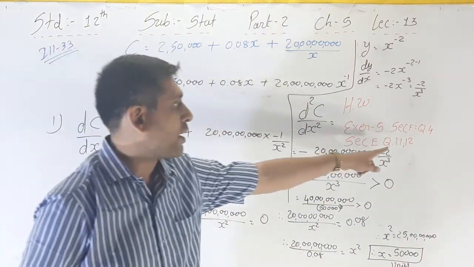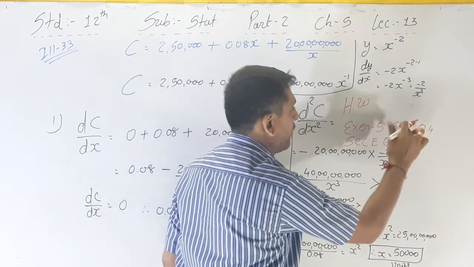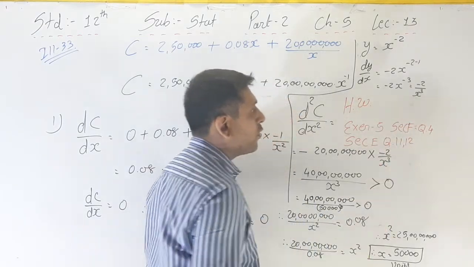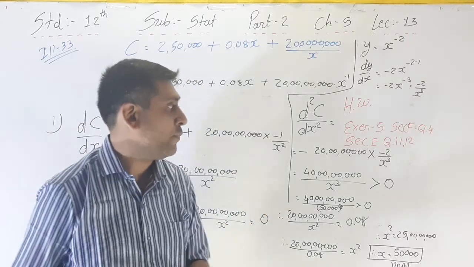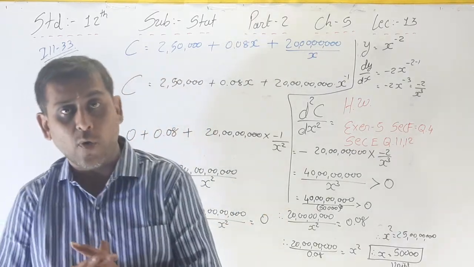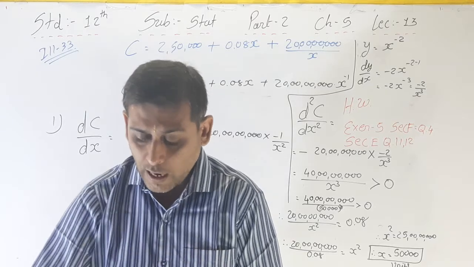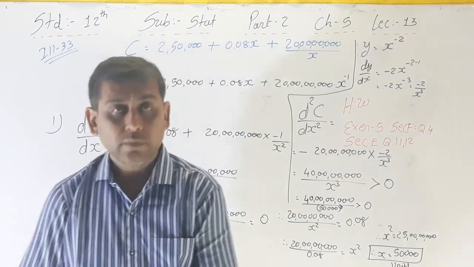Section E, questions 11 and 12, and section F, question number 4 are your final homework. That is only 3 sums in your homework. Okay, so here I complete the lecture. Thank you, class.